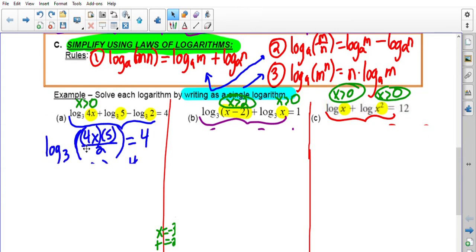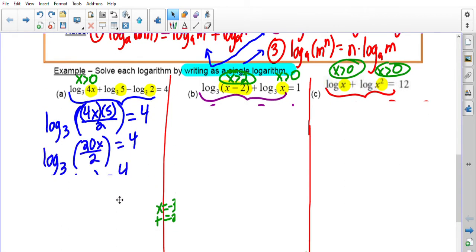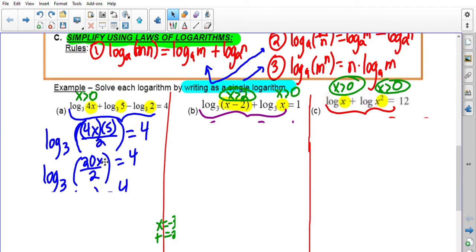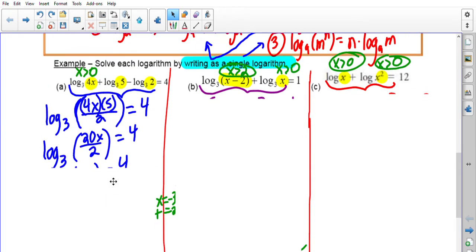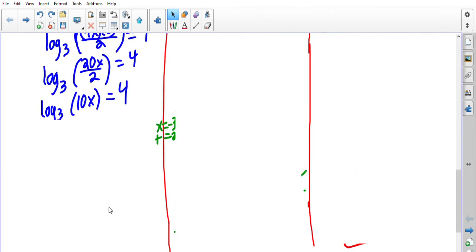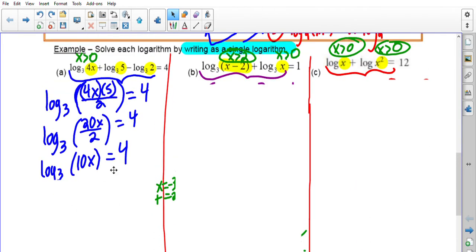So I can write this as log of 4x times 5 divided by 2, all to the base 3, equals, and then that 4 remains. So let's simplify. That's log of 20x divided by 2 to the base 3, so log of 10x to the base 3 equals 4.